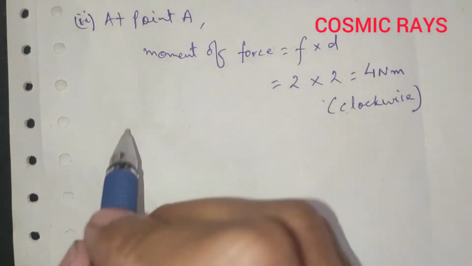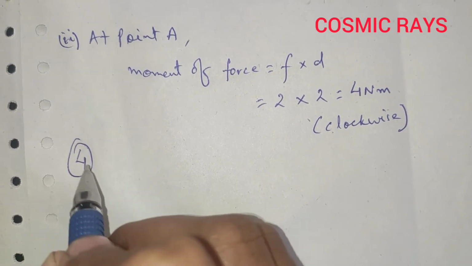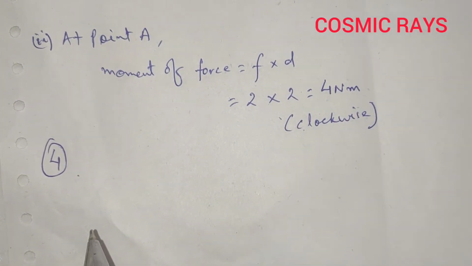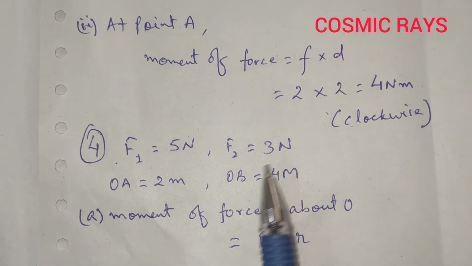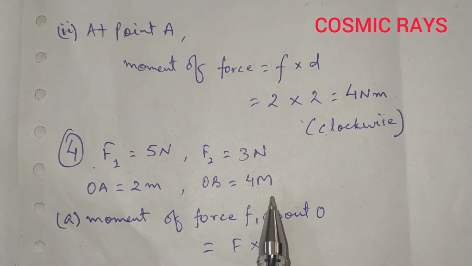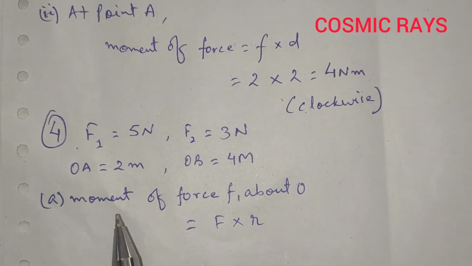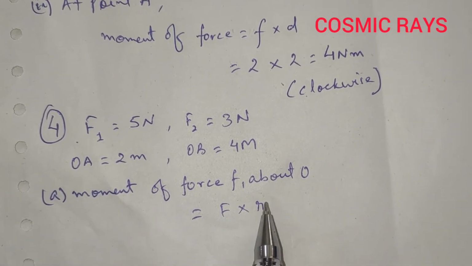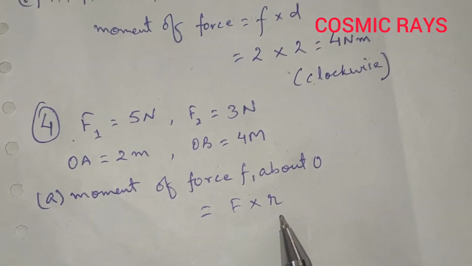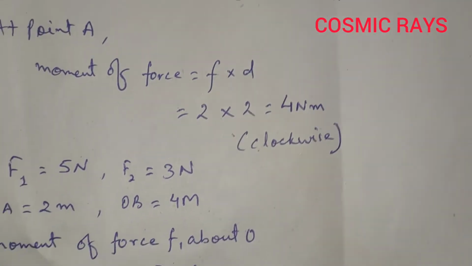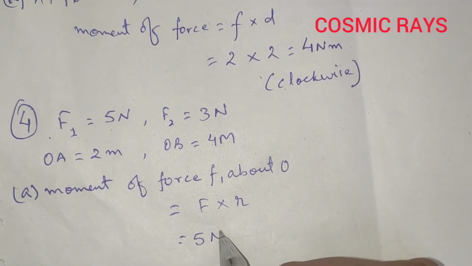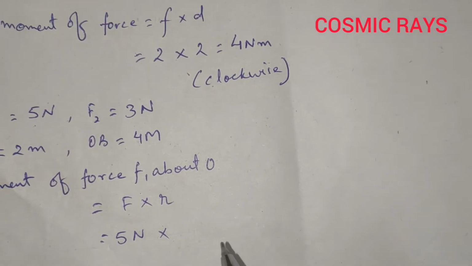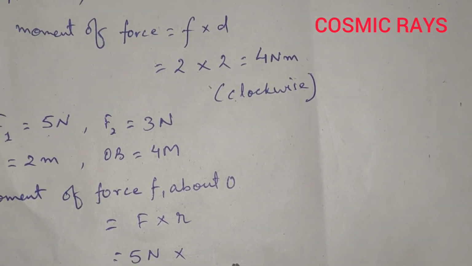So here we will try number 4. We'll first write the given things. F1 is 5 Newton, F2 is 3 Newton, OA is 2 meter, OB is 4 meter. The first question says to find moment of force F1 about O. So that is F cross R. Here the force is F1, 5 Newton, multiplied by the distance.